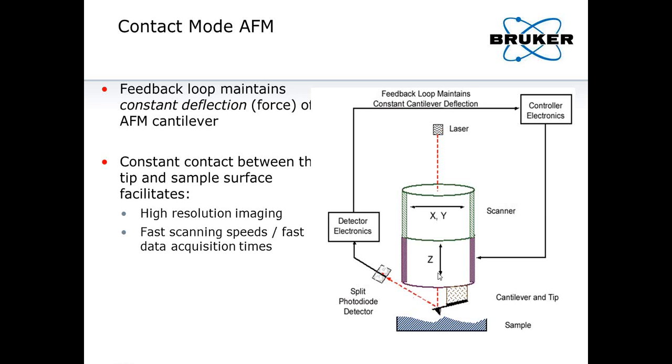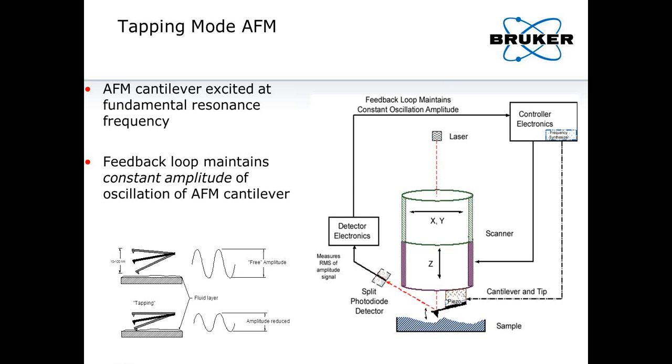Of course, if you look here, you have this scanner there. You have the controller that maintains a feedback loop to keep the force constant. So contact mode works pretty well for hard samples.